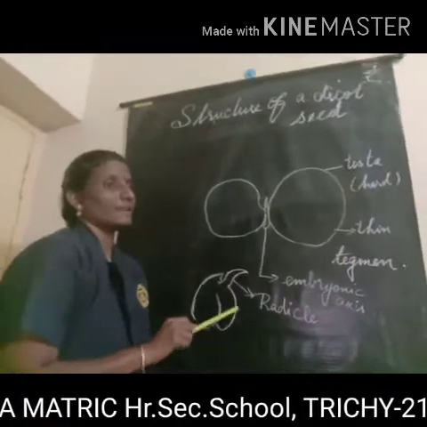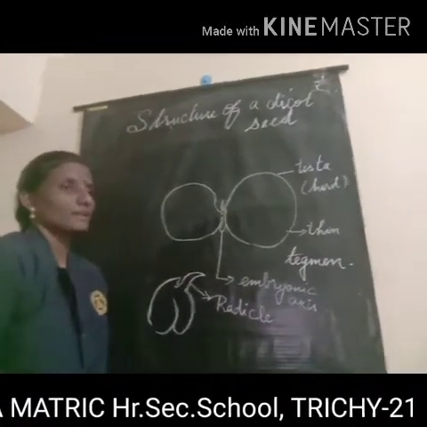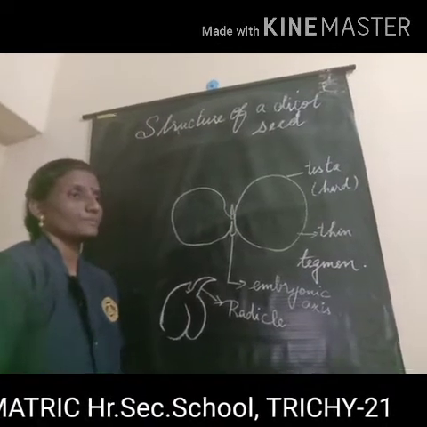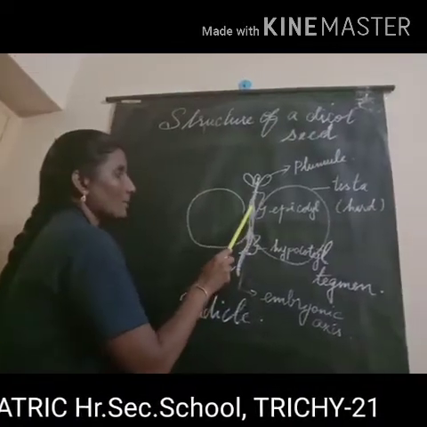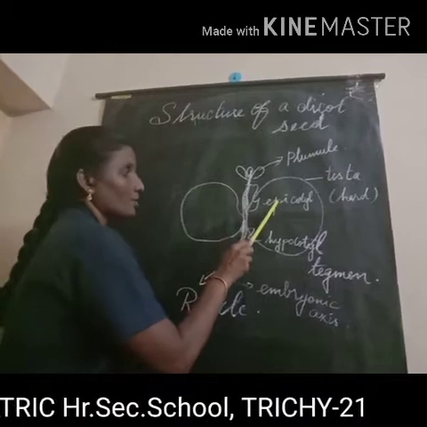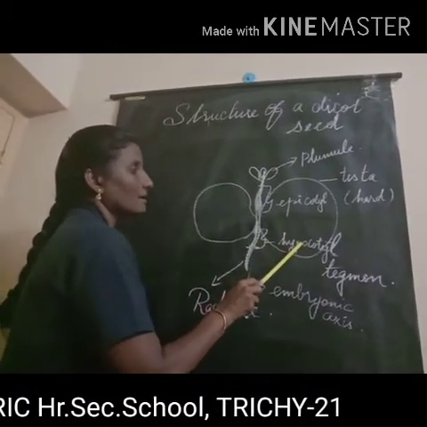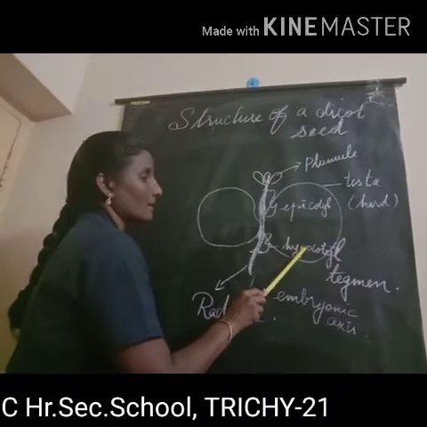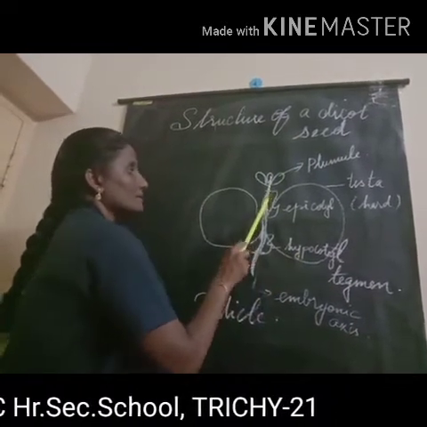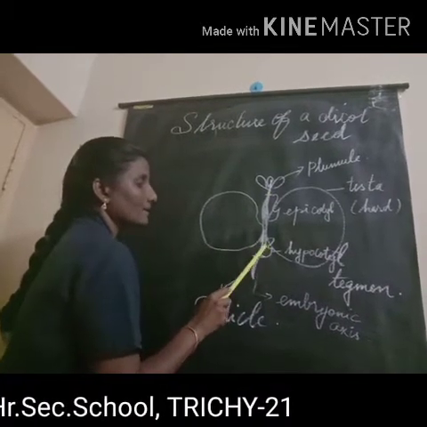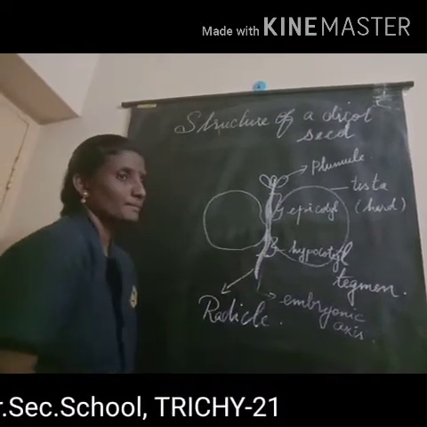The other end of the axis is the embryonic shoot, the plumule. Above the embryonic axis we have the epicotyl, and below it the hypocotyl. The epicotyl terminates with the plumule, and the hypocotyl terminates with the radicle.